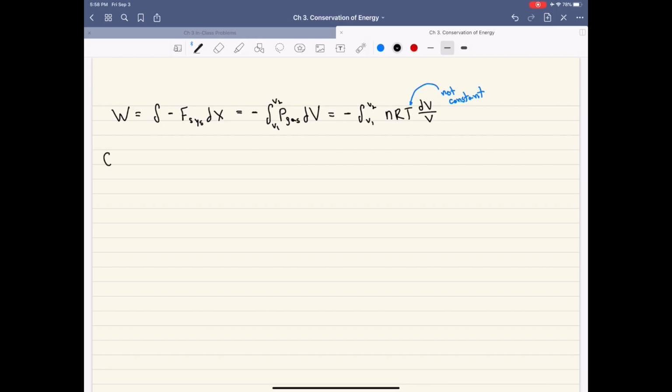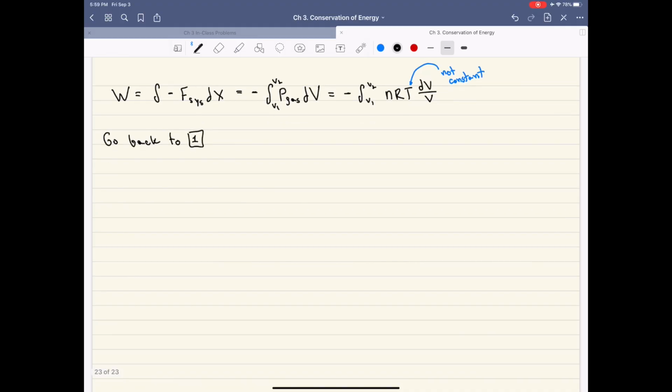We're going to go back to equation 1, which was dT over T is equal to negative R over Cv dV over V. This is what we have, and we could rewrite negative R over Cv in terms of gamma as well, as 1 minus gamma, and then dV over V. We're going to integrate this equation, but instead of doing definite integrals, which is what we did to get equation 2, in this case we're going to take an indefinite integral.